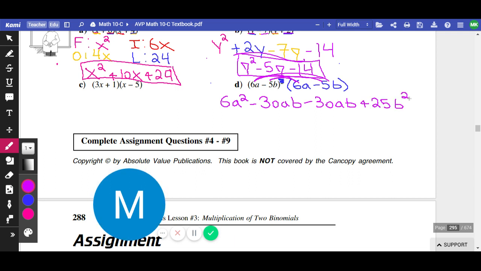Remember, negatives times each other make positives. Again, you do have like terms, right in the middle. You have negative 30ab minus another 30ab. That means I have negative 60ab. The other things stay the same because they have different exponents on their letters.